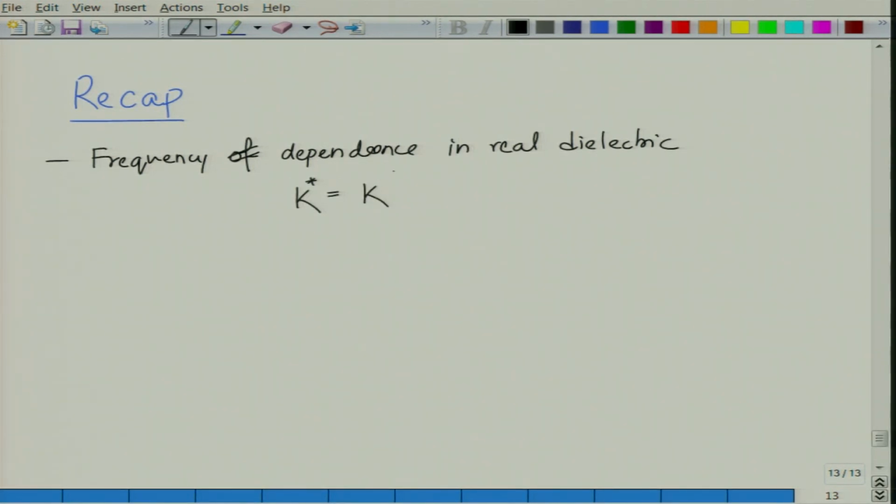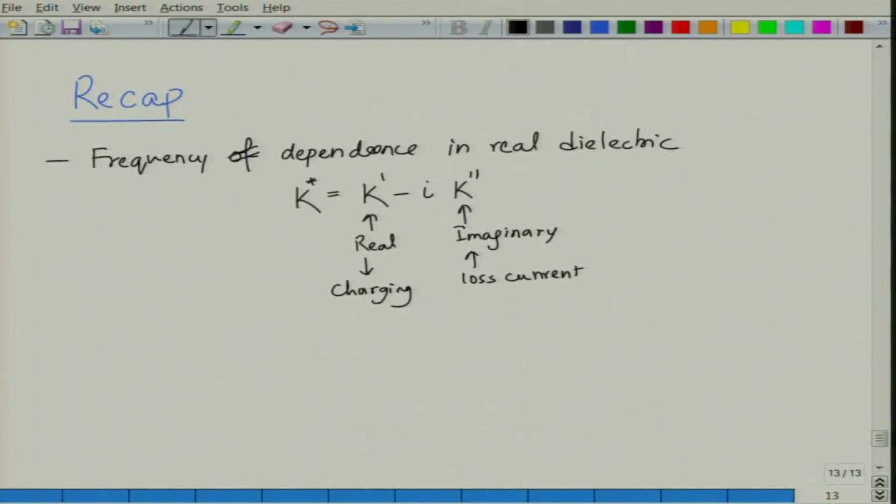We defined kappa as kappa prime minus kappa double prime. This is the real part and this is the imaginary part. The real part represents the charging current and the imaginary part represents the loss current. These are frequency dependent components.